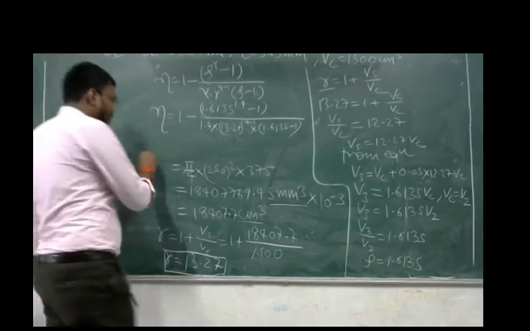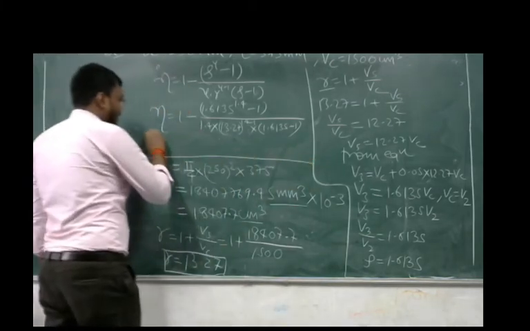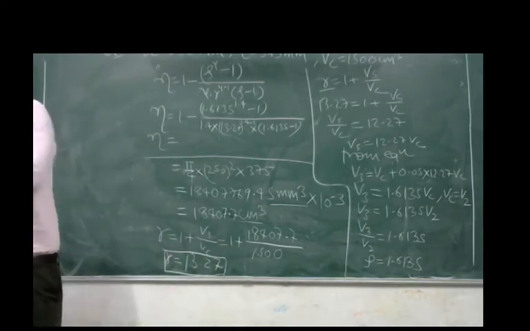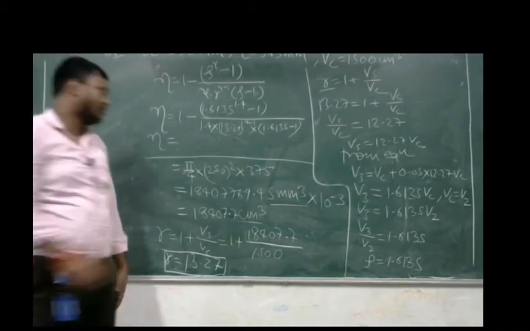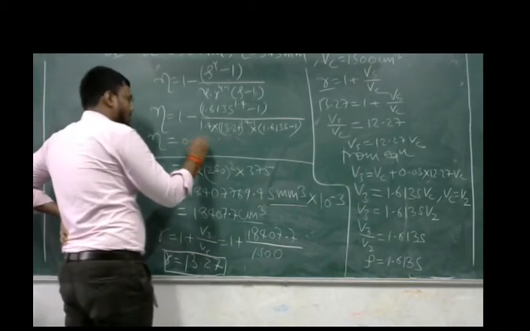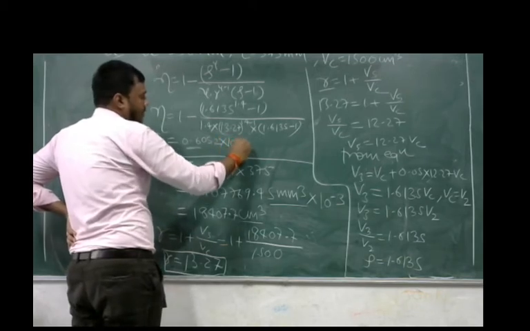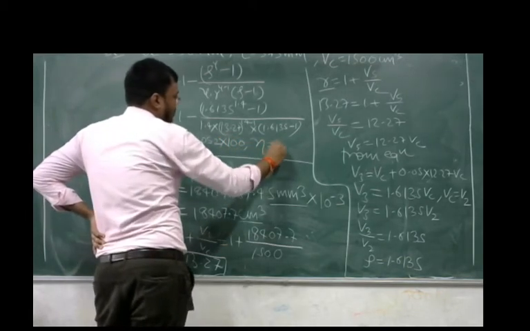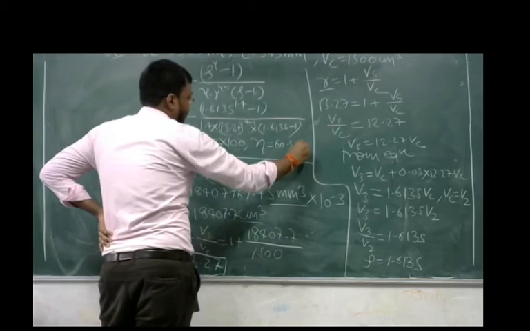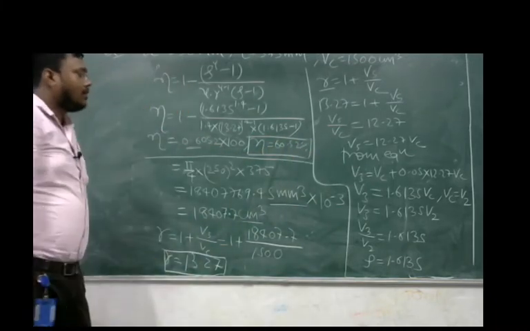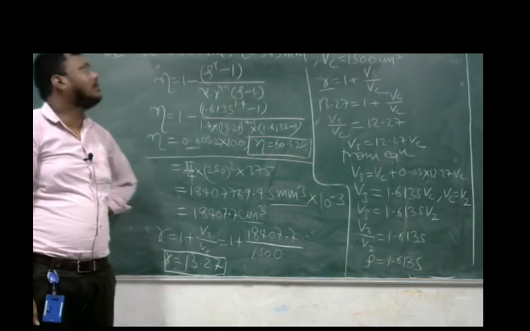Here we get eta equal to 0.6052. This is in fraction, multiply by 100, so you get eta equal to 60.52%. So in this way you can calculate the value.